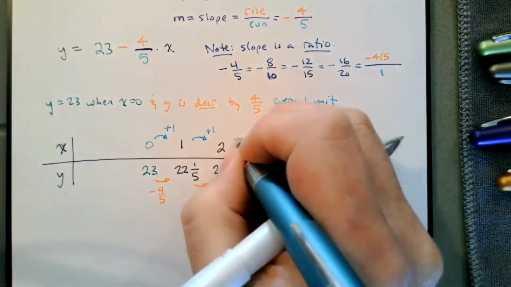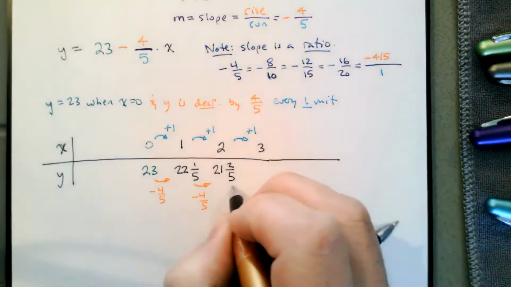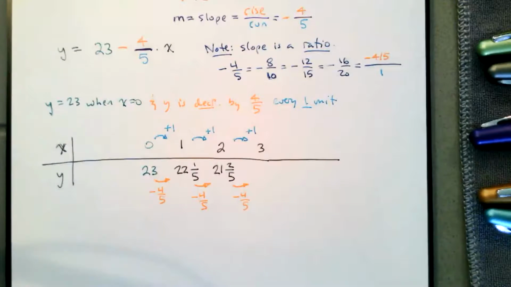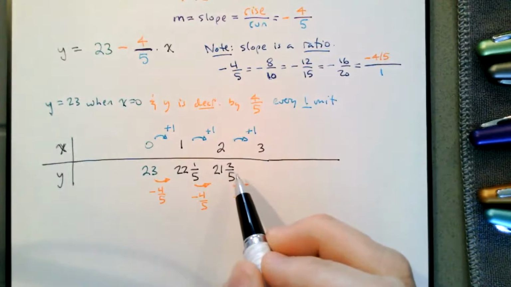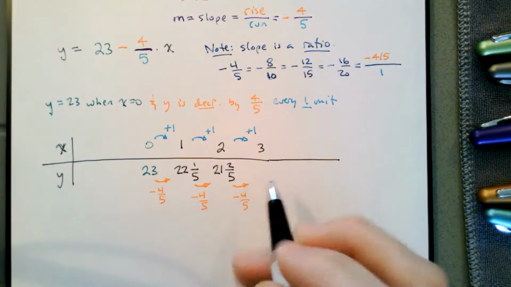Once again, I'm taking step sizes of 1, and I'm going to subtract 4/5 again. So 2/5 drops us down to 21. So 21 minus 2 more fifths will be 20 and 3/5.